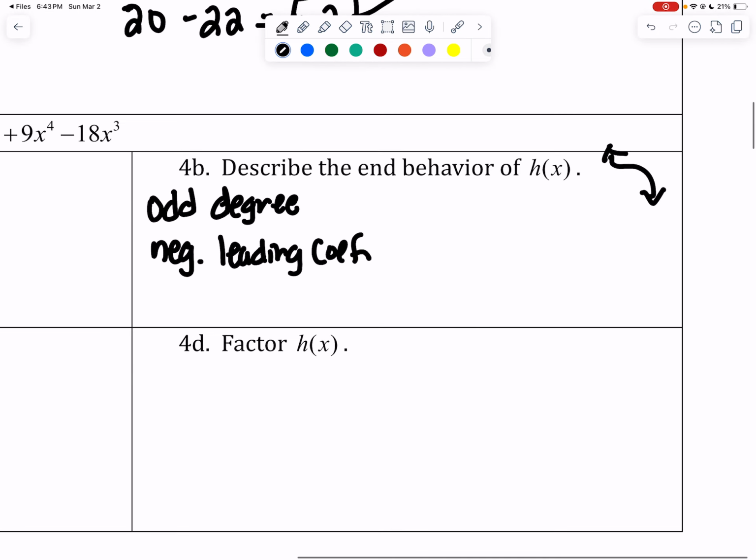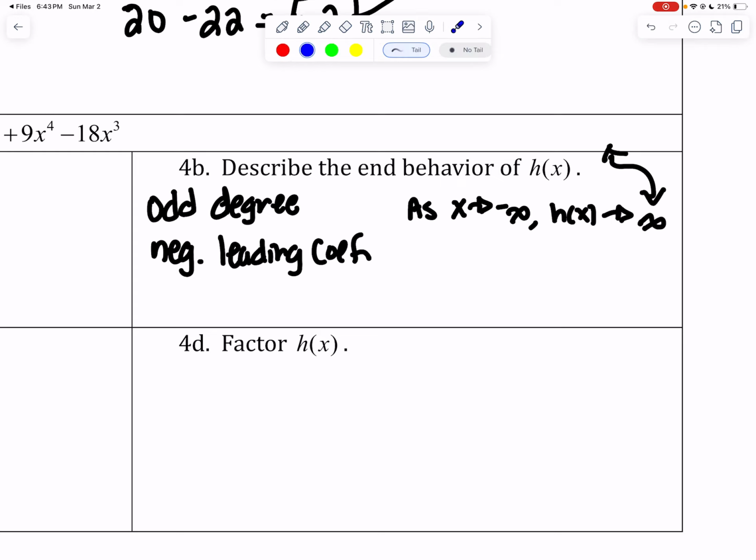So this is me saying as x approaches negative infinity, h of x is going to approach positive infinity. So this is saying as we are going to the left, our y value is going up. And then as we are going to the right, as x approaches infinity, our y value is going down, which means that h of x will approach negative infinity.